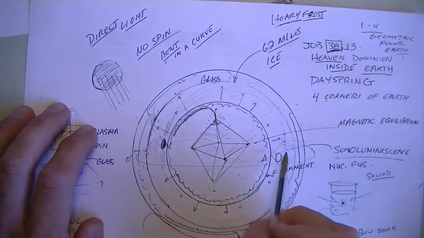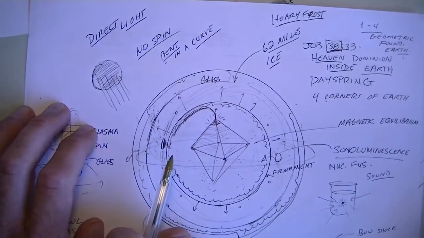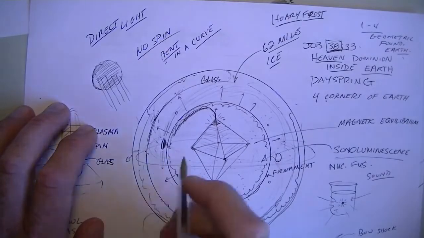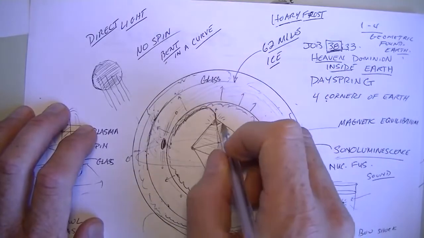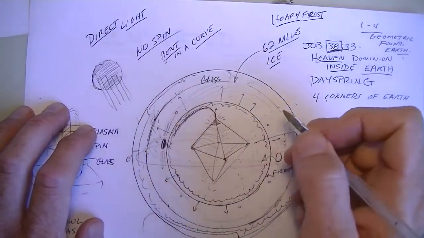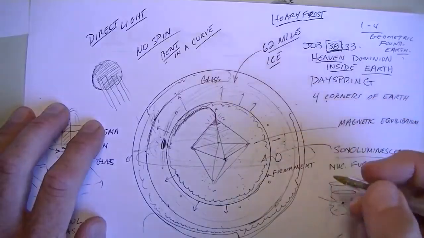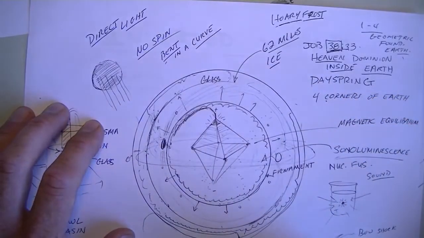They can stop. The celestial orbs can stop in the sky if there is an abeyance, if there's a halting of the electromagnetism. And that's what happened before 3,500 years ago.